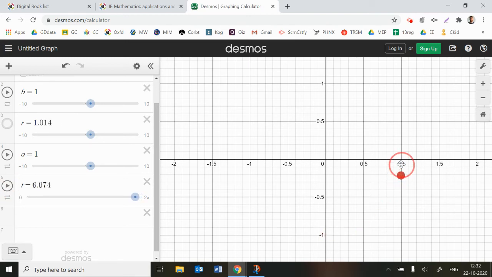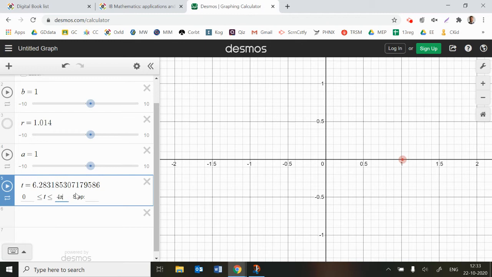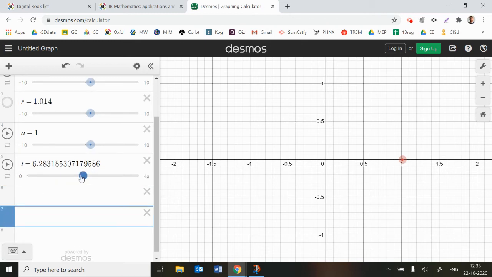You can see that it's gone back to the start. And obviously if I change that to 4 pi, so let's put 4 pi in here, we can then see that we'll get 2 rotations. So let's watch this one go around. It's going to go around once, and it's going to go around twice in 4 pi. Okay, so there you go.